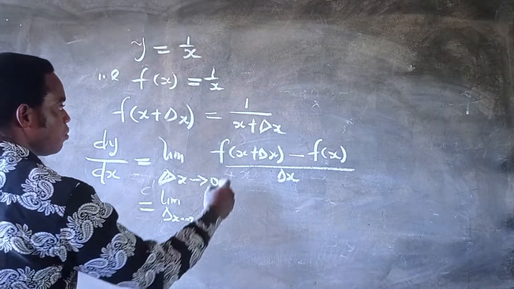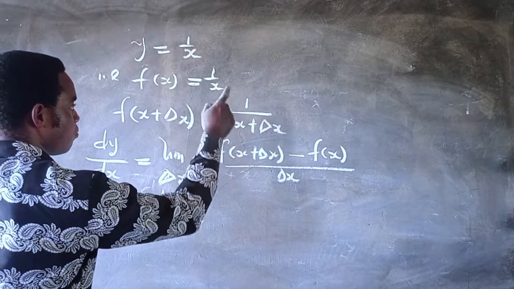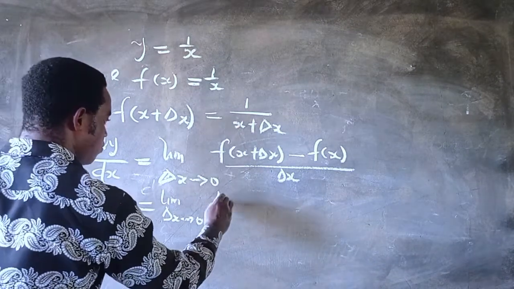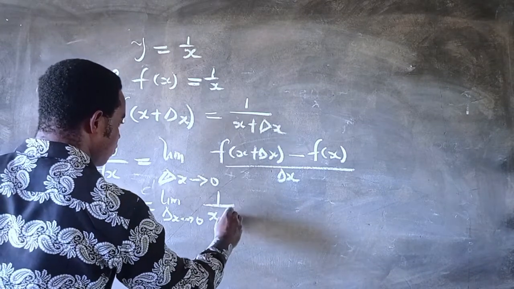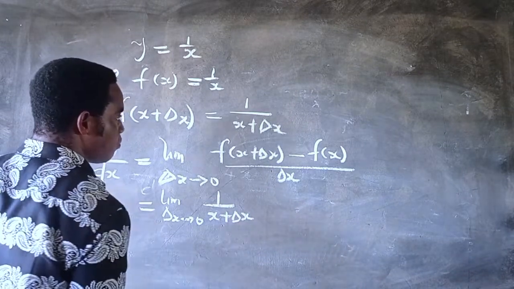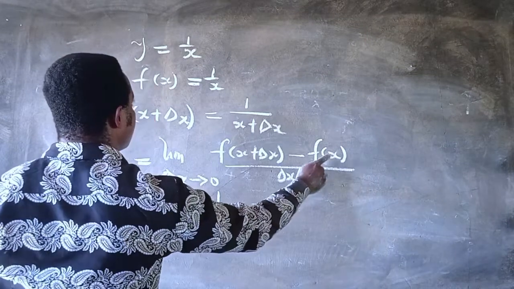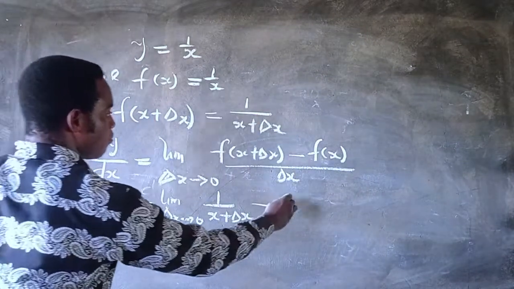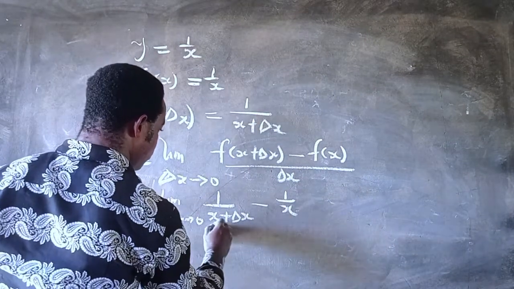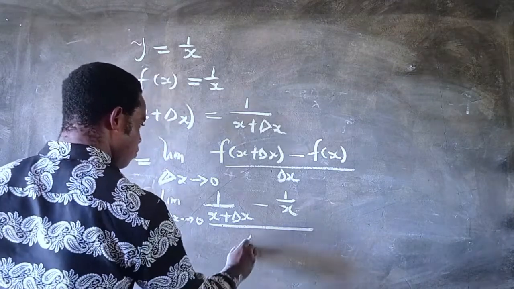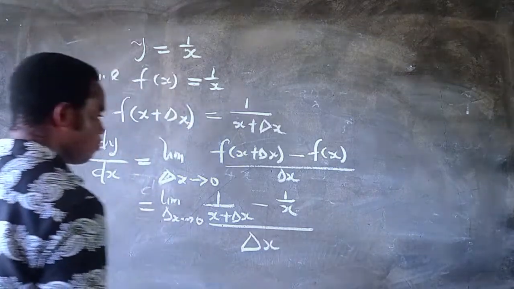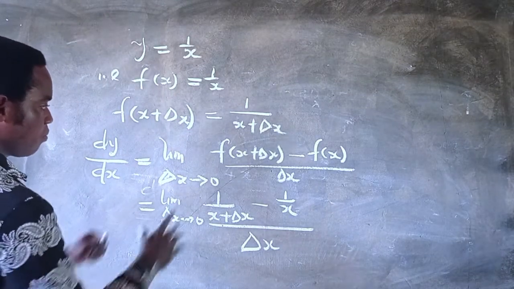What is f of x plus delta x? It is here: 1 all over x plus delta x, minus what is f of x? That is 1 all over x, all divided by delta x. Look at this problem here.